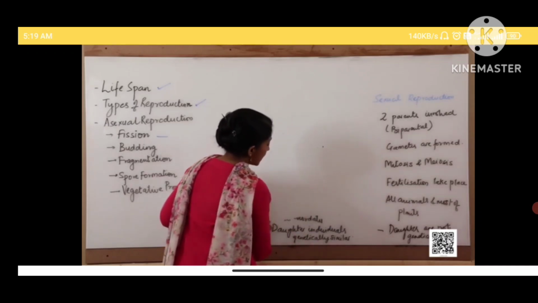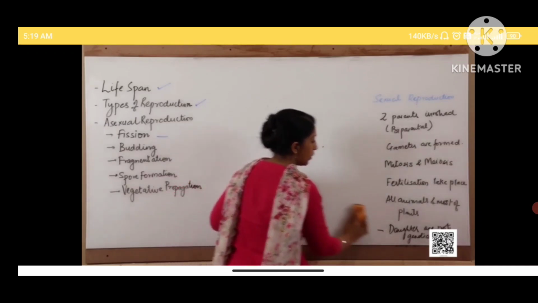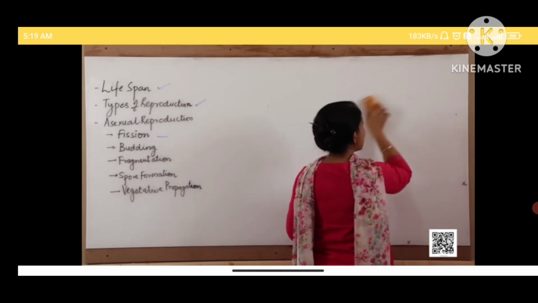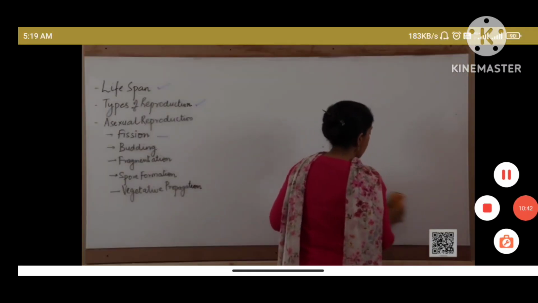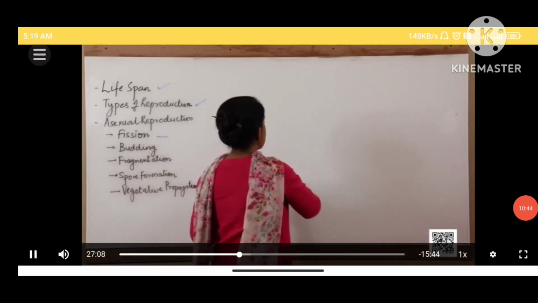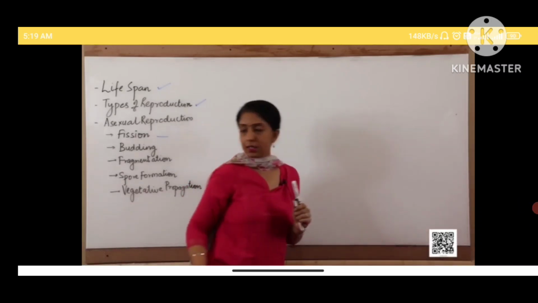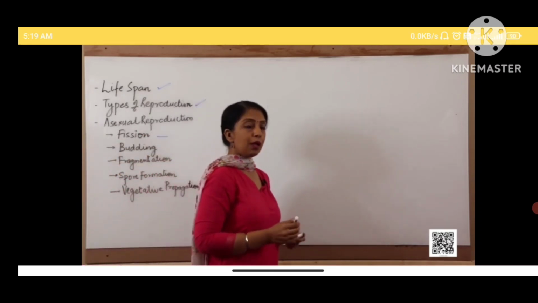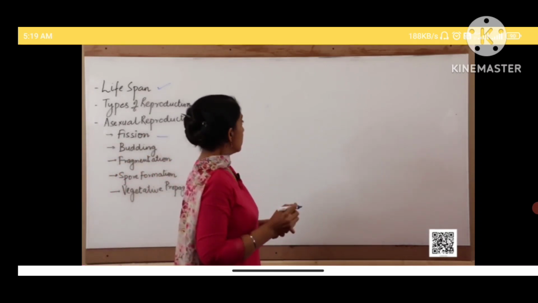Fission is a kind of asexual reproduction which is similar to simple cell division. This can be seen in various protistans, some monerans, and some simple algae.